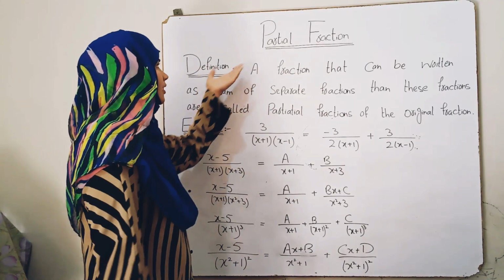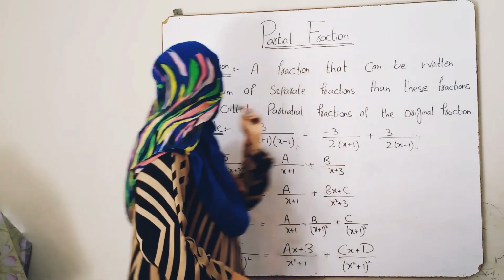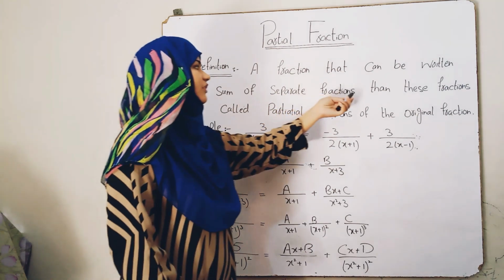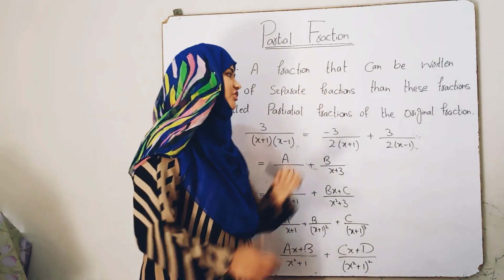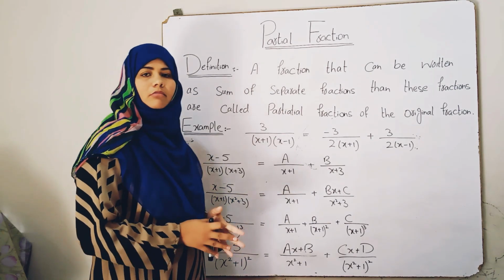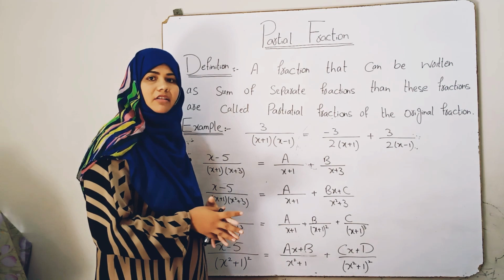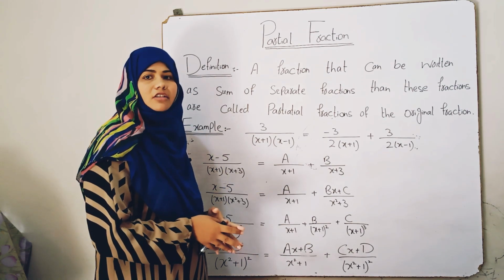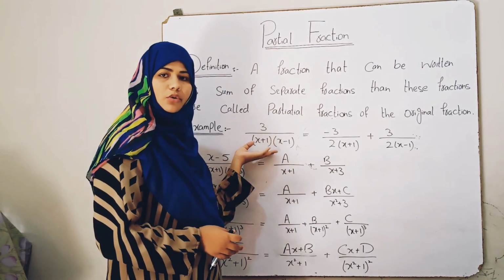Now we define partial fraction. A fraction that can be written as sum of separate fractions, then these fractions are called partial fractions of the original fraction. So it means that any fraction that can be written as sum of separate fractions, then the fractions are called partial fractions of the original fraction.